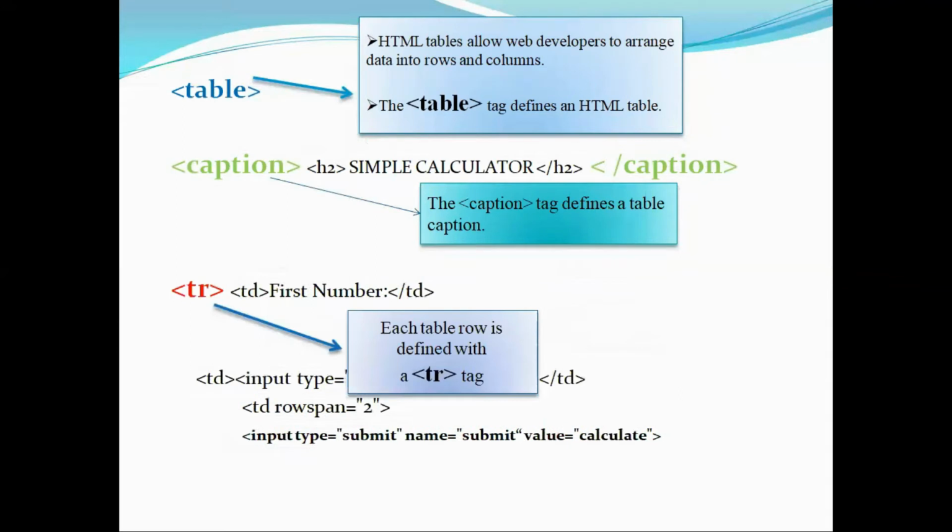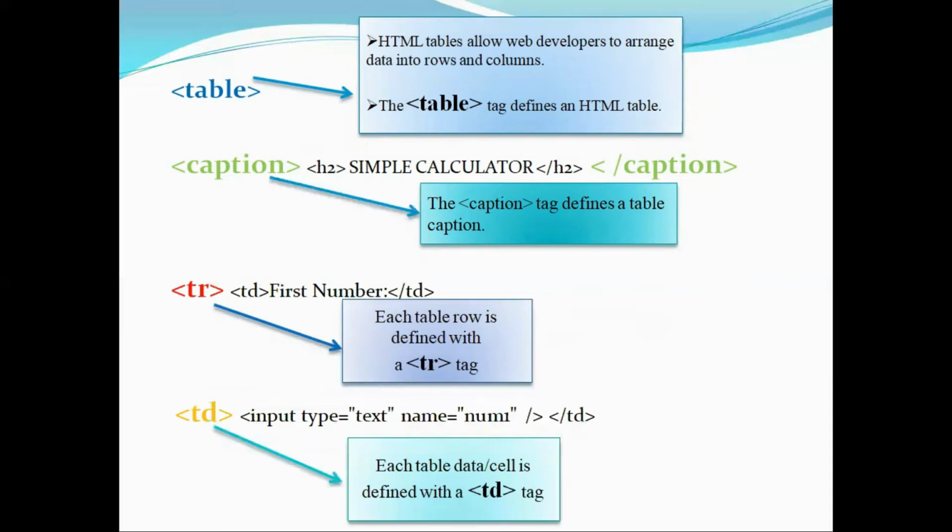Next is the TR. We already know that TR is the table row, which is used to create a table row, and it has both the opening as well as the closing tag. Here first we are creating the first table row and then the table data. TD is called table data, which is used to define the data in the table cell.